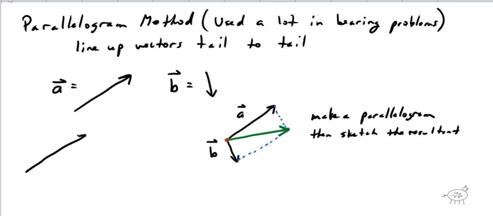Watch this, tip to tail, and then we go down here, and then our resultant vector is like that, which is, you can see that this vector is really the same as that vector. Okay, just a different way to do it, but it's important that you guys understand how to do both, but don't mess things up. Don't try to do tip to tail by putting the two tails together. Okay, that's really, really bad. All right, there are two different methods, and you gotta be good and not get the two confused.